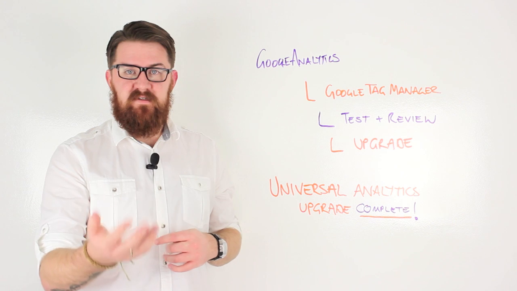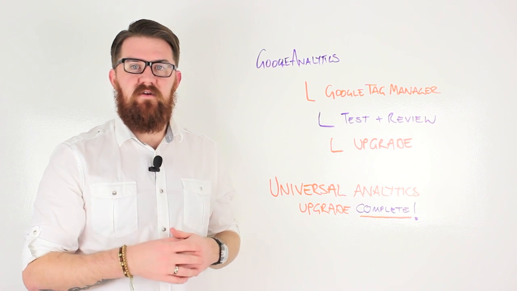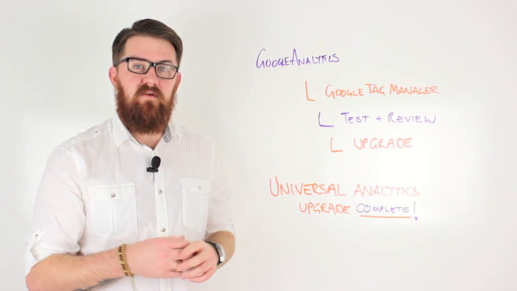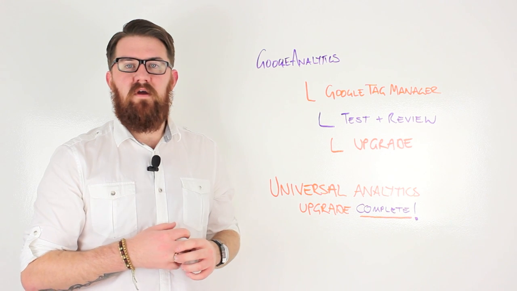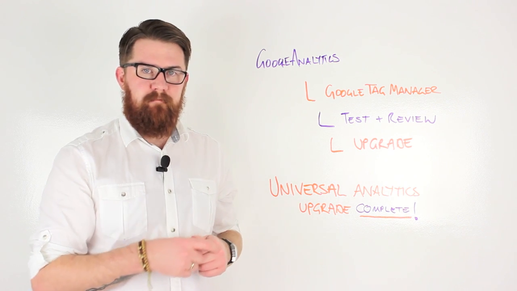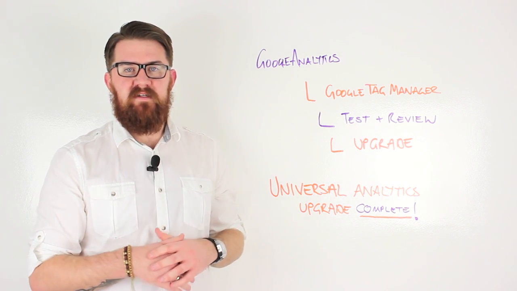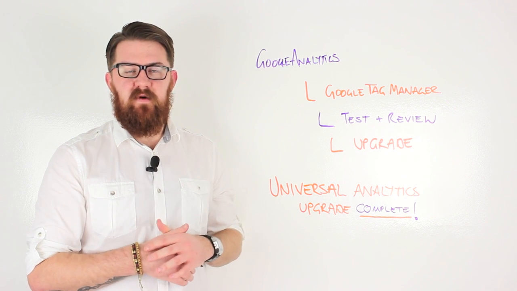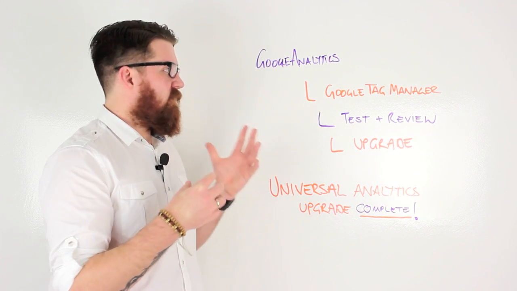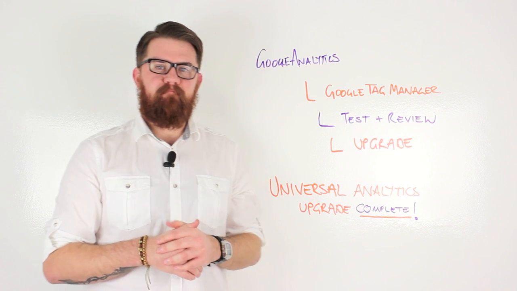So if you set up a new property, please select Universal Analytics as the type that you want to create. You'll then get a new tracking ID that we're going to need shortly. So you've set up a new property. It's using Universal Analytics to track user data. We're going to go to Google Tag Manager.